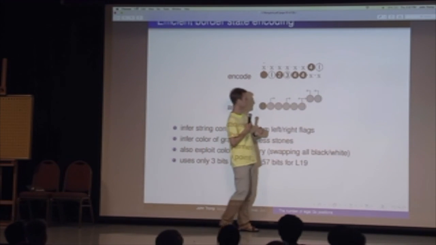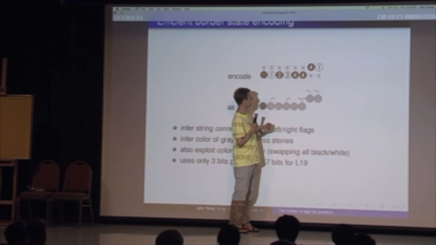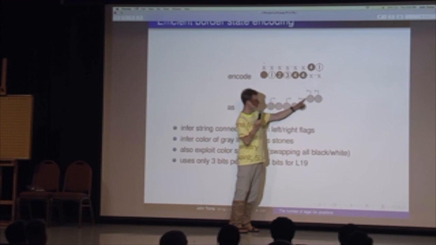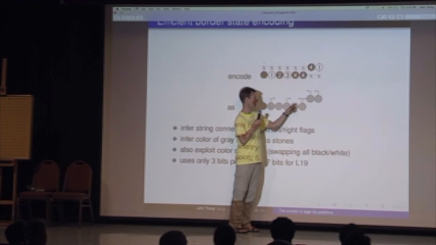So actually, there's a slight mistake. This arrow here should be on top of this stone. So given that this arrow is here, this stone points to the right and this stone points to the left, I know these two are connected. From the fact that this points to the right and this points to the left, I know these are connected. So now these are all connected.